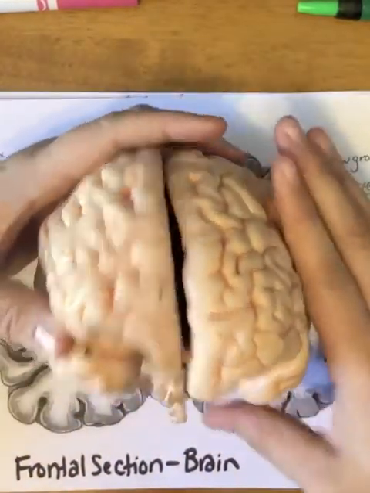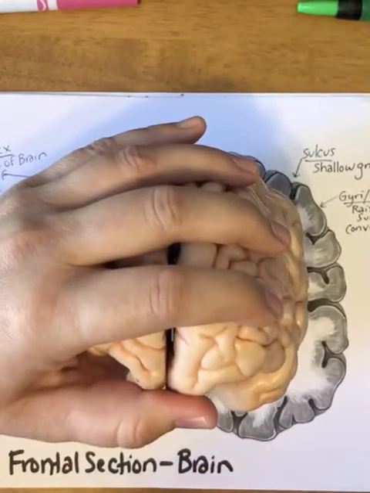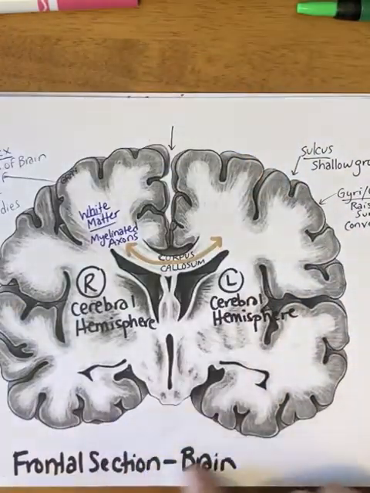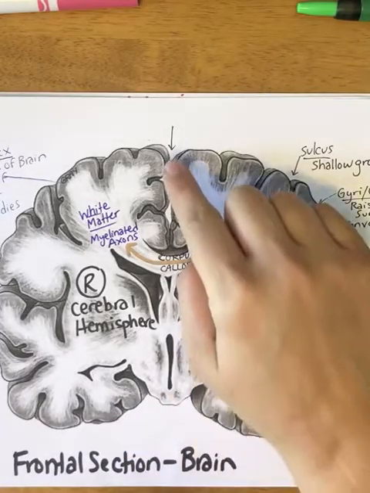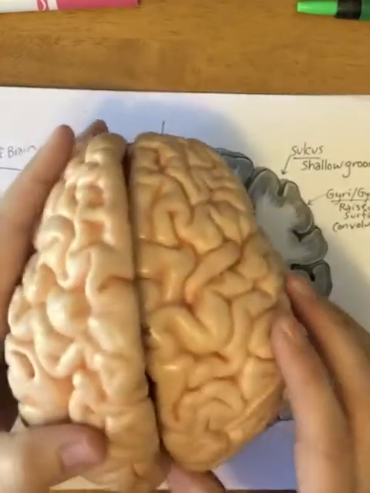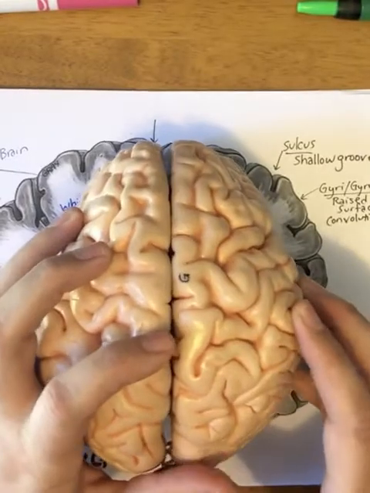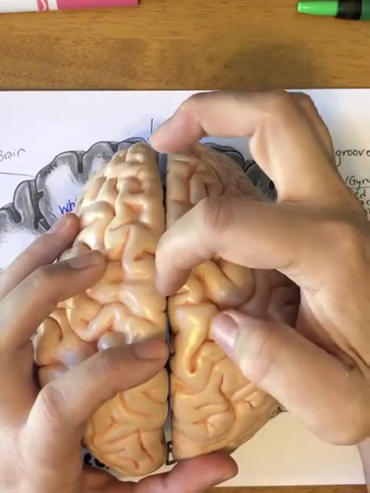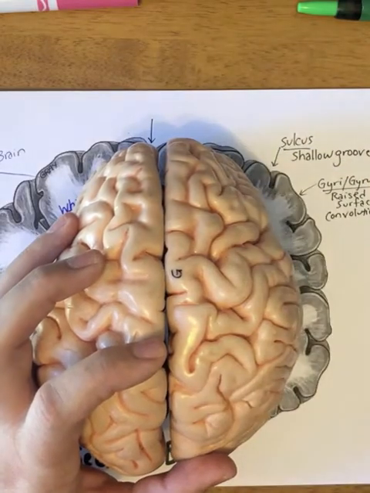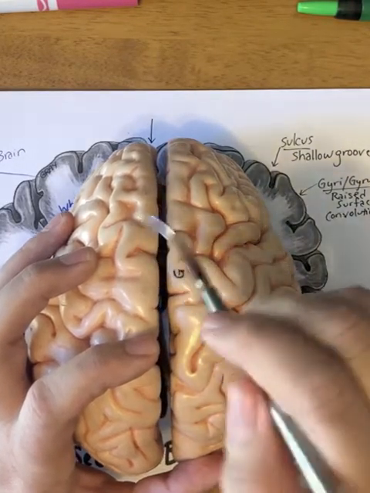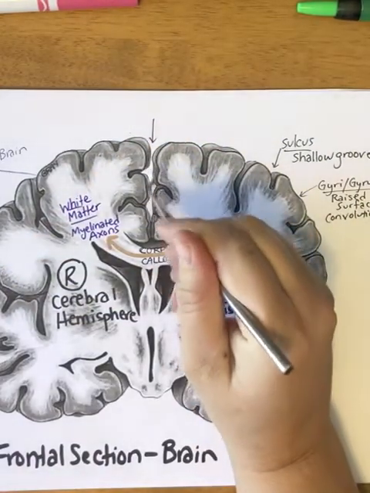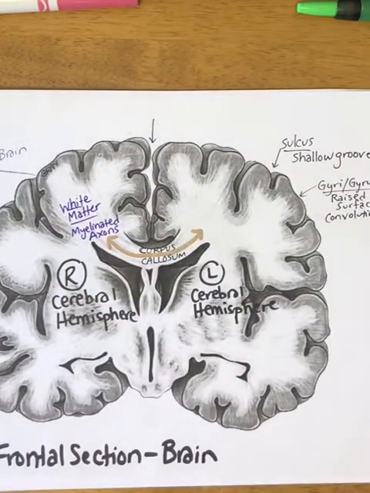We would just cut this whole first half off. Of course, this would be a piece that is missing the cerebellum, but the fissure on top that we talked about, right here, is called the longitudinal fissure. You would place a scalpel here and cut through the corpus callosum. It's found between the two cerebral hemispheres.